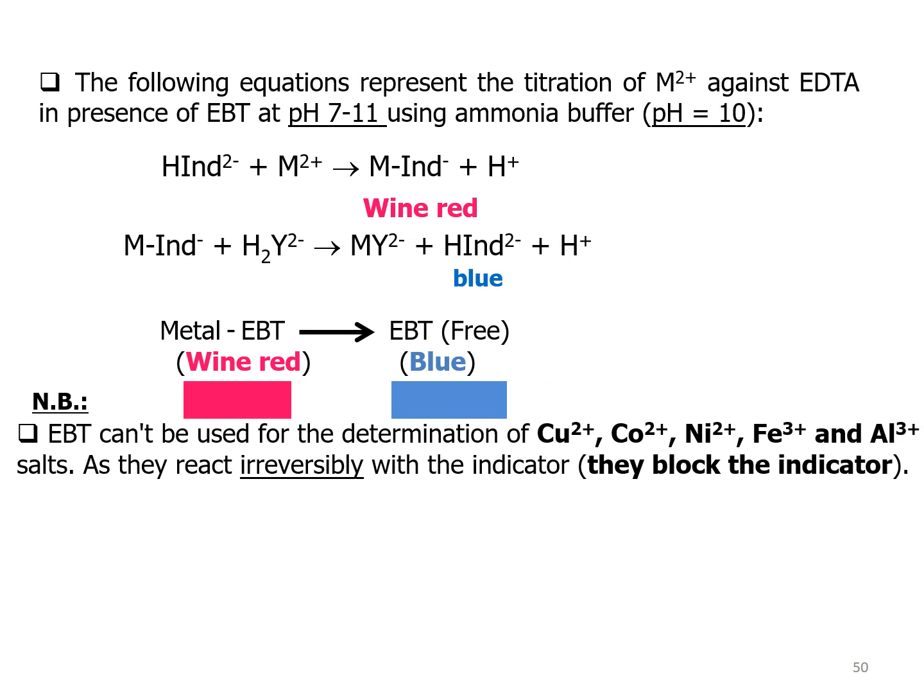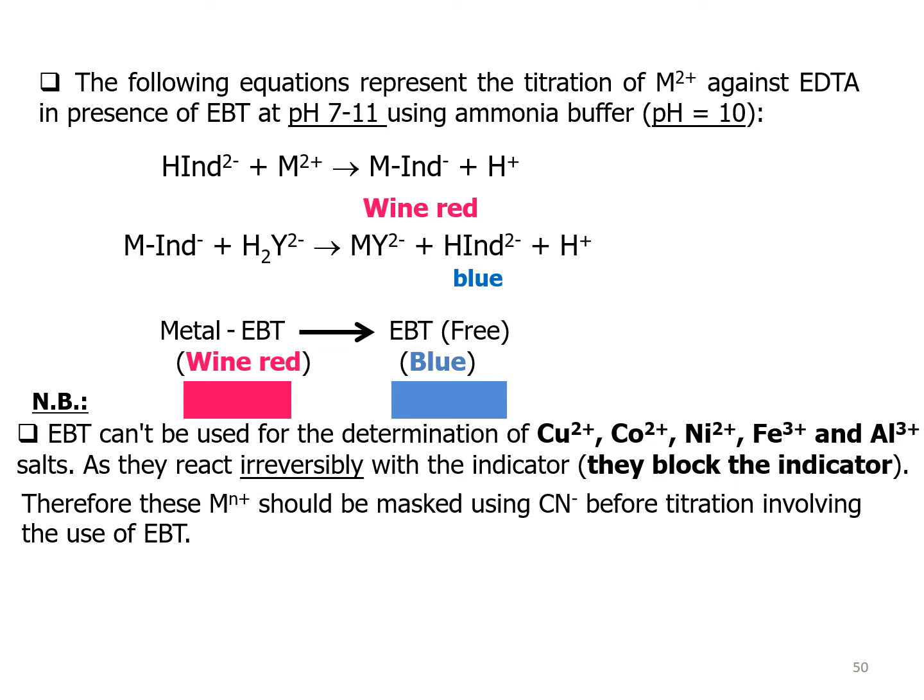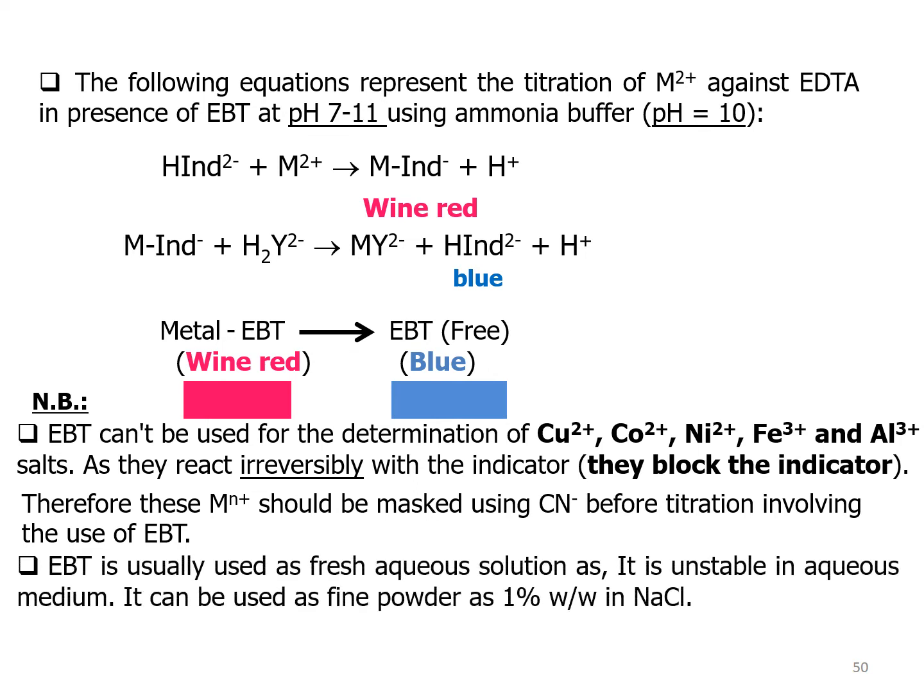That means they block the indicator. Therefore, the metal ion should be masked using cyanide before titration involving the use of EBT. This will be thoroughly discussed next lecture.